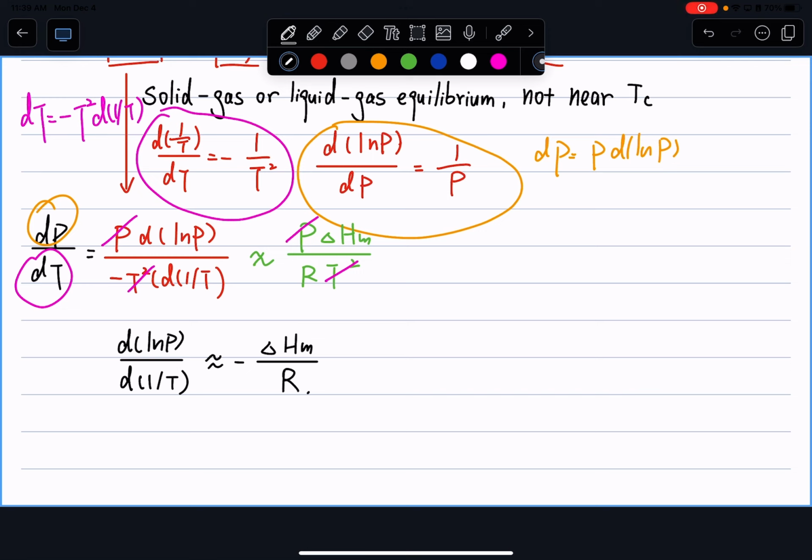So remember, what are the approximations we're using? We're talking about solid or liquid to gas equilibrium. That's one. Secondly, we're assuming the molar volume of your gas is way larger than the molar volume of your liquid or solid. Thirdly, we're approximating that our gas is behaving ideally. So know what approximations we're using here.